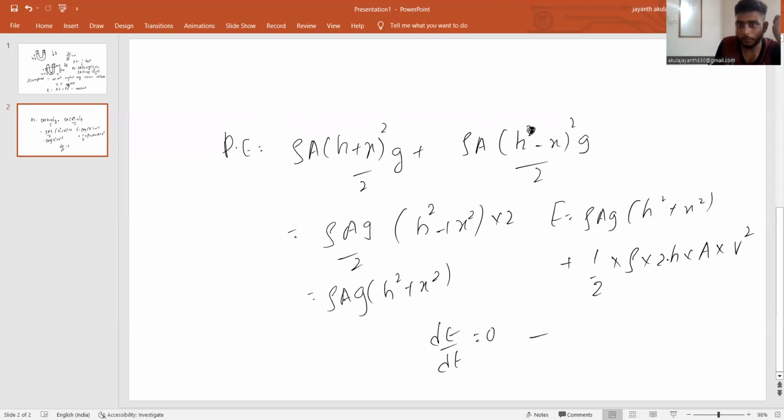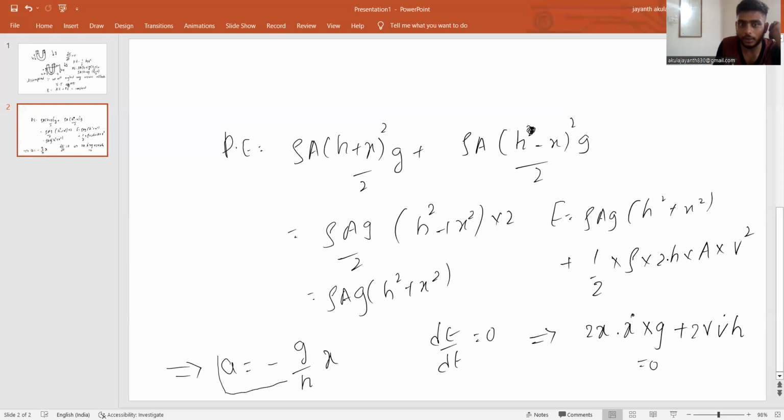So you will get 2x into x dot into g plus 2v into v dot into h is 0. So that gives rise to acceleration equals minus g by h into x. So this is an SHM, right?